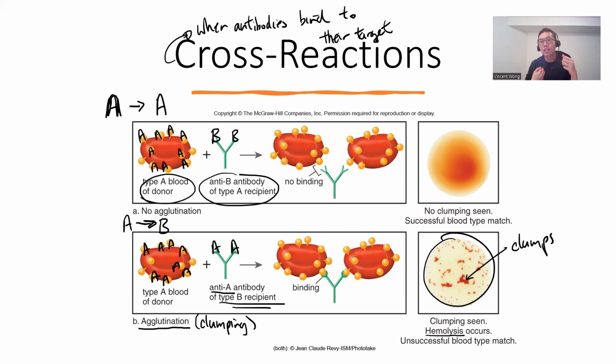If you're a type O person, what kind of antibodies do you have? Both. Yeah, both. If you're type O, you have anti-A and anti-B antibodies. And if that goes into the other type A person, then you will attack their red cells as well. That's why it doesn't work.